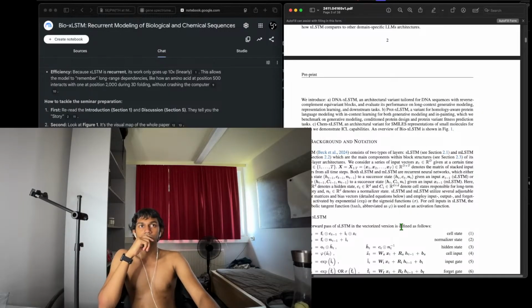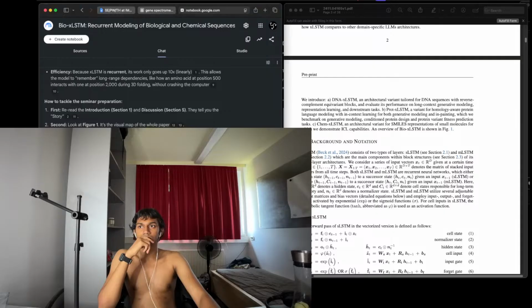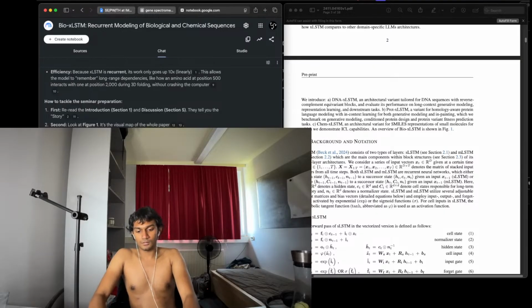Background and notation. This architecture, this XLSTM is showing proof that it's better in predicting.